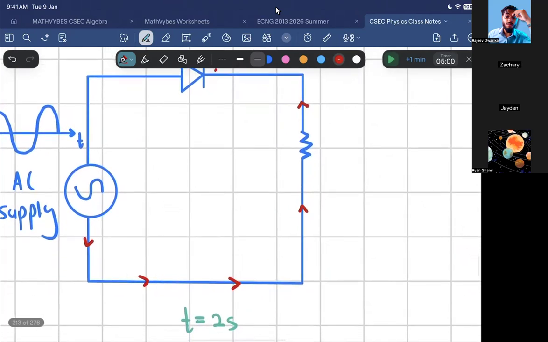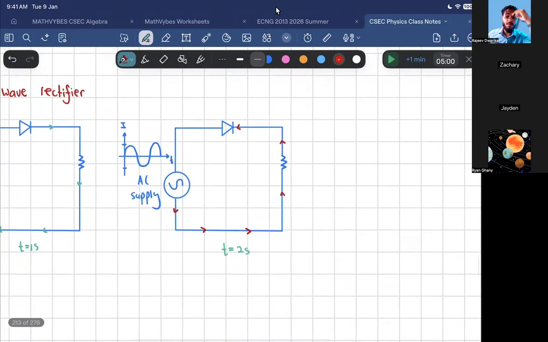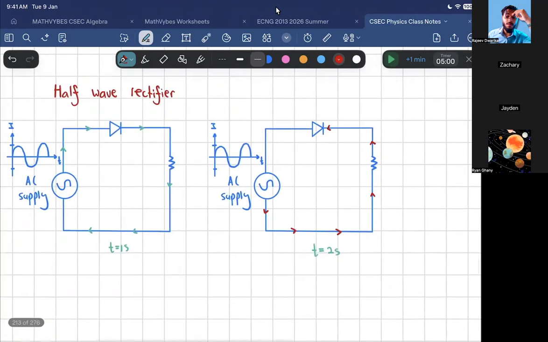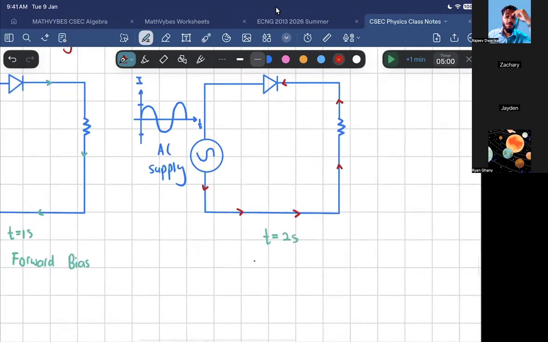Will it be able to complete the circuit? No. So this is forward bias, and this is reverse bias.